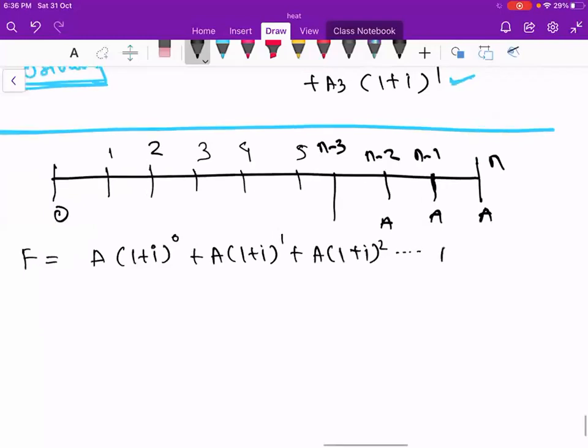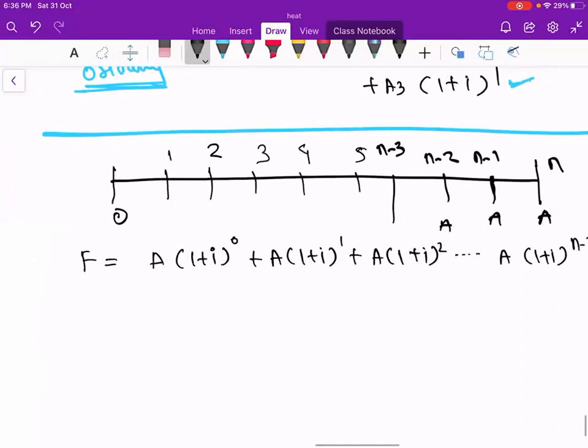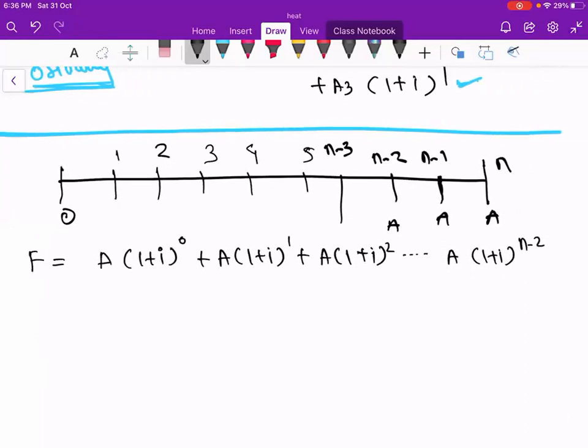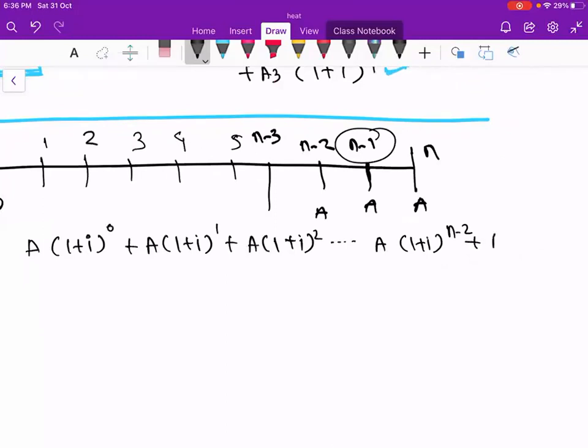Plus A(1 plus i)^(n minus 2), like n minus 3, up to that value we will get. Up to n minus 1, plus A(1 plus i)^(n minus 1) we will get.